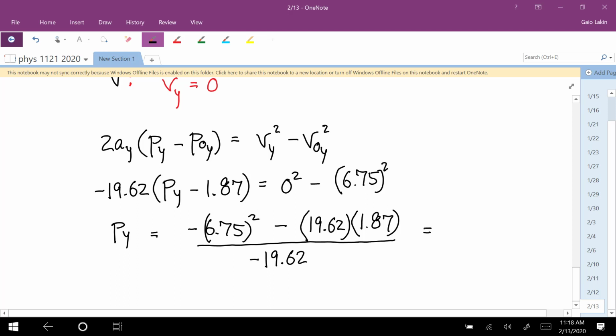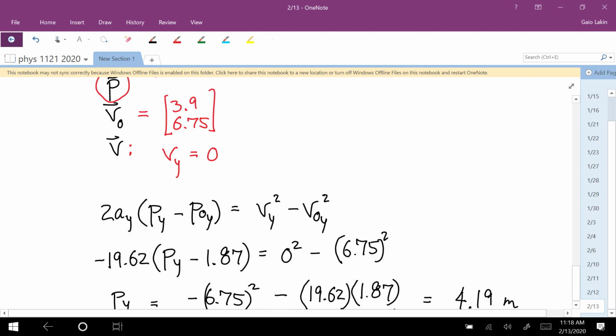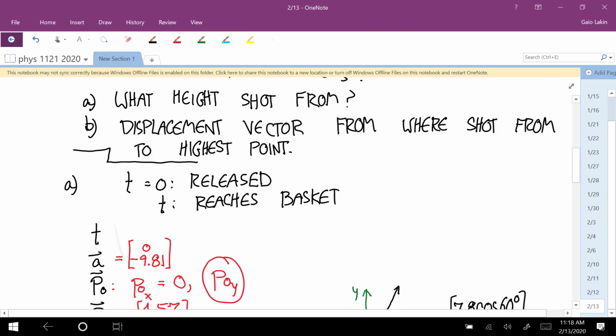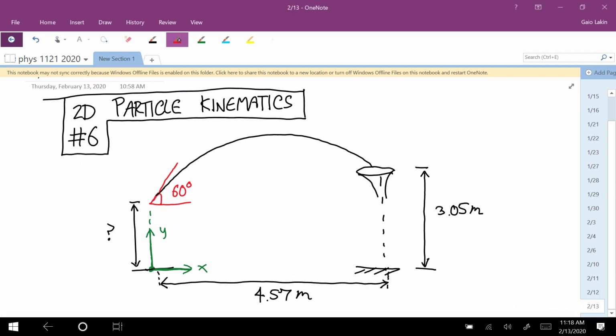Can someone calculate that? 4.19, I'll just leave it at 4.19 meters. So that's the height, the highest point of the flight. So in this picture, that's the height here.